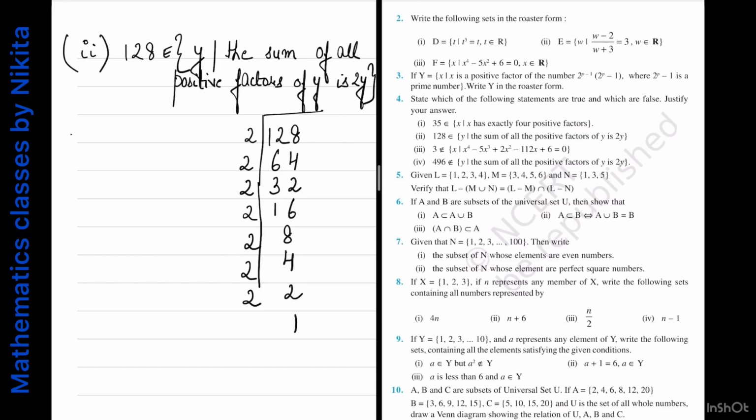So therefore 128 can be written as, so how many products are there? 1, 2, 3, 4, 5, 6, 7. So it is 2 to the power 7.